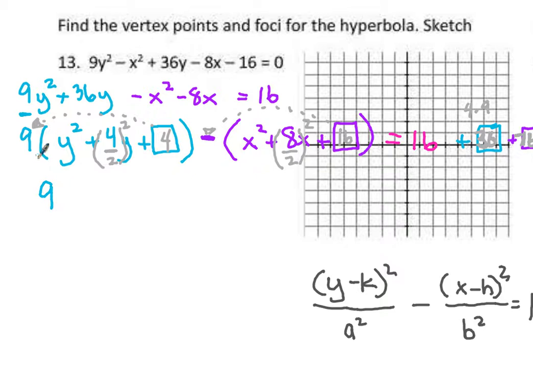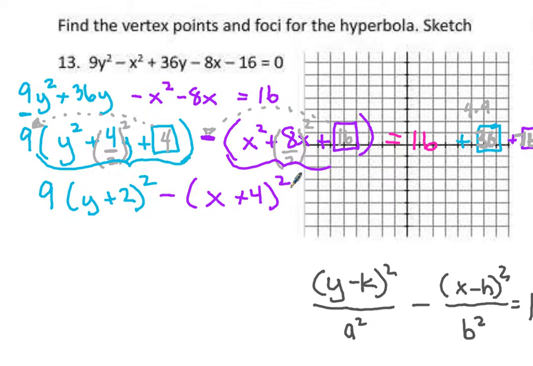So now that my y terms are a perfect square trinomial, I can factor it to y plus 2. And now that my x's are a perfect square trinomial, I can factor it to x plus 4. And on the right side, 16 plus 36 minus 16 is just 36. The 16s cancel. Because I want it to equal 1, I'm going to divide both sides by 36.